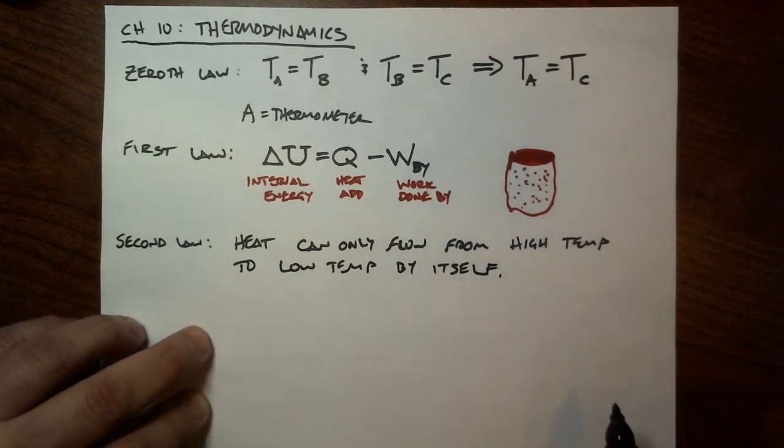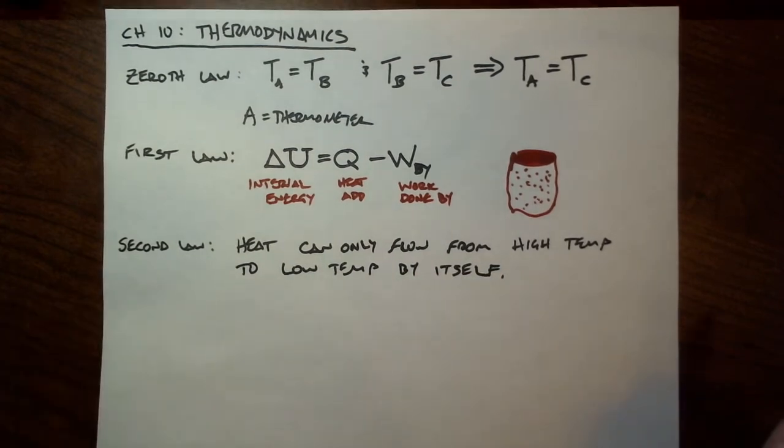And I have to say by itself because there is a way to make heat flow from low temperature to high temperature. And that's what we're going to get to here.